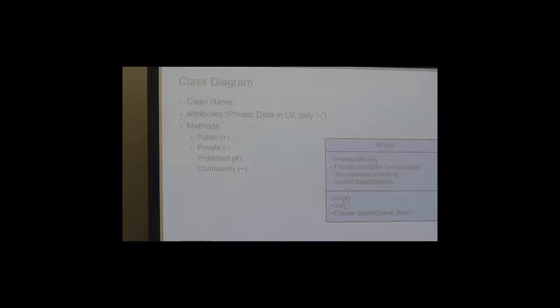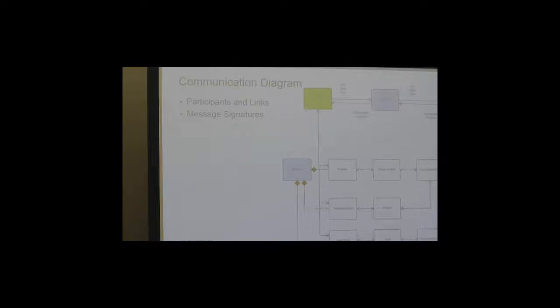You can create a data accessor, a new VI for data access, and then that would show up down in the bottom. Then the bottom section are the methods. And I mentioned on the side there the public, private, protected, and community scope. The plus, the minus, the pound sign, and the tilde would go in front of the methods when they're of a different access scope.